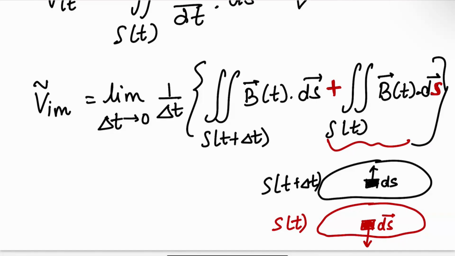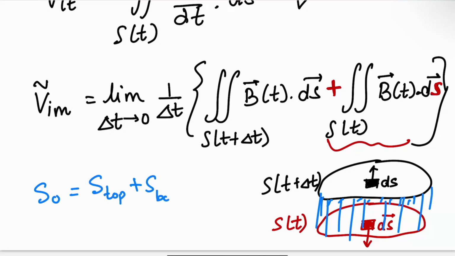Now you have a sum of the top surface integral and the bottom surface integral. These two surfaces bound a volume. If I take the surface integral over the whole boundary of the volume, let's call that S naught, that is nothing but the integral over the top surface plus the integral over the bottom surface plus the integral over the wall.